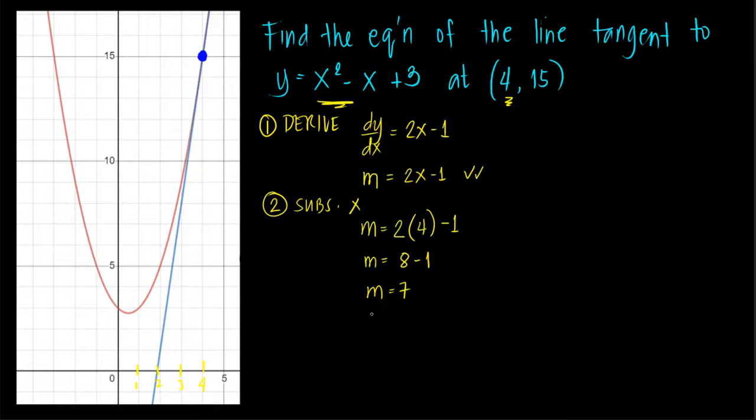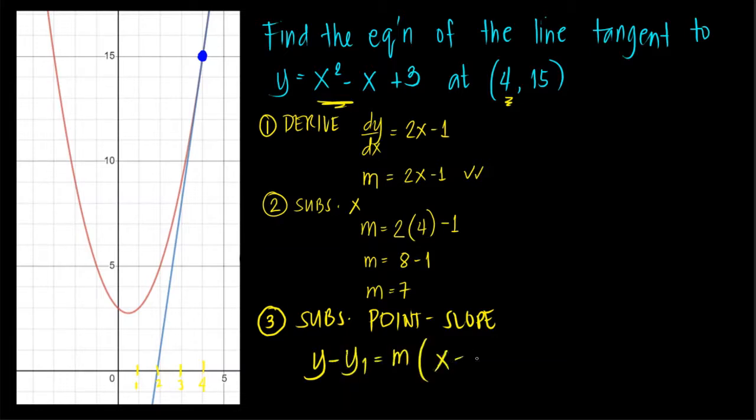And then, step 3 is to substitute sa aton nga point slope form. Okay. So, y minus y sub 1 equals m times x minus x sub 1. So, y minus ang y sub 1 is 15 equals m. Na-solve na natin 7.